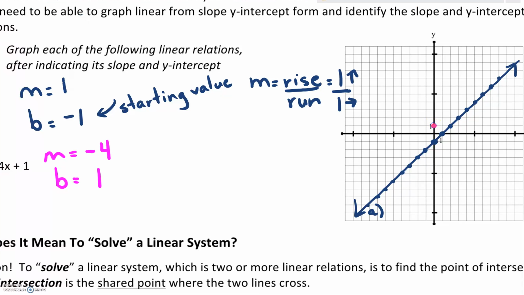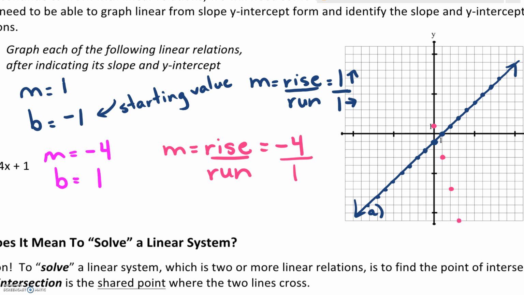And then to create more coordinates, you need to use your slope, which is the rise over the run. Now, since the rise is -4, that means we'll be going down 4. But we're missing a run, so we need to make sure we put this over 1. So if we go down 4 to the right 1, this is what the graph is going to start looking like. I can do that one more time.